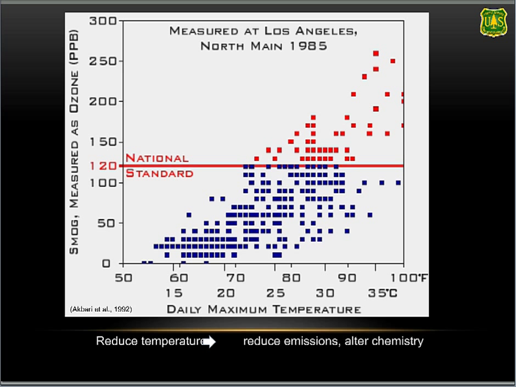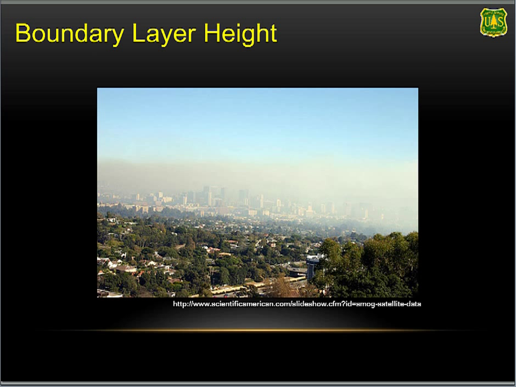Also, when you tend to get very warm days, you tend to get very stagnant days. So if you don't have any wind moving, the pollutants tend to build up because you don't have a dispersion from the wind, which is also tied to very warm temperatures. Tied to temperatures in meteorology is also a thing called boundary layer height, which is the top of the atmosphere in which mixing occurs.